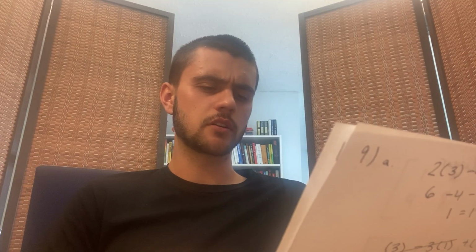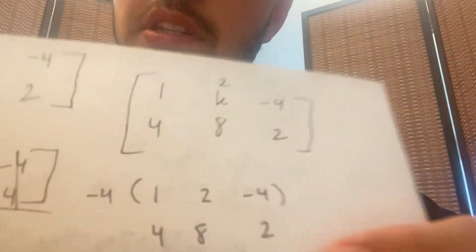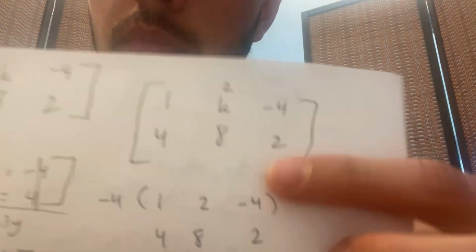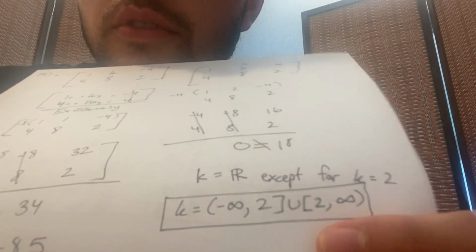I think I got the ones with 2 unknowns. One of these was asking, you get this matrix and it's like, for what values of k is the linear system consistent? So I basically found when the linear system is inconsistent, which would be when k is equal to these 2 sets of numbers.